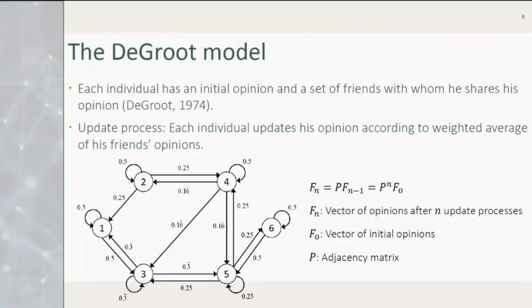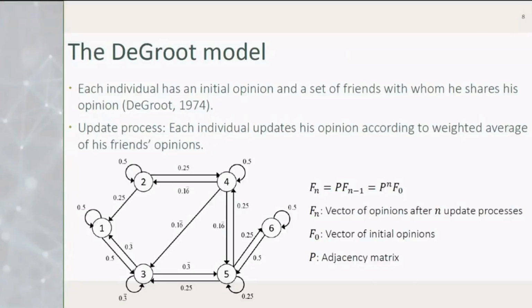As you can see, for example, node 1 here trusts himself. This is defined as self-confidence, meaning the trust of somebody in his own beliefs, and trusts also the opinion of node number 3, while on the other hand, node number 4 trusts the opinions of nodes 2, 3, 5, and himself.